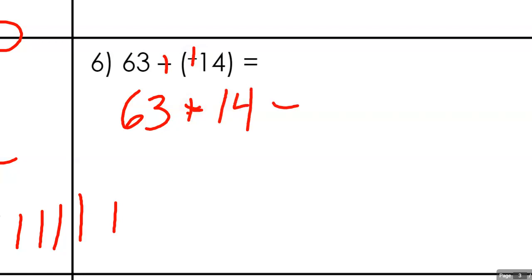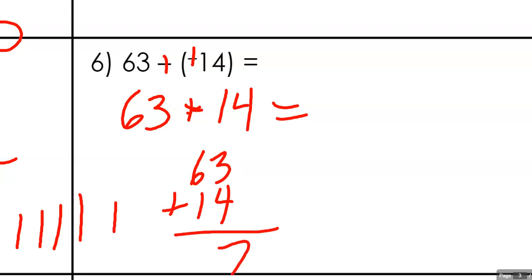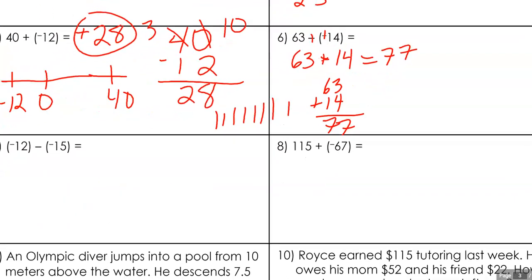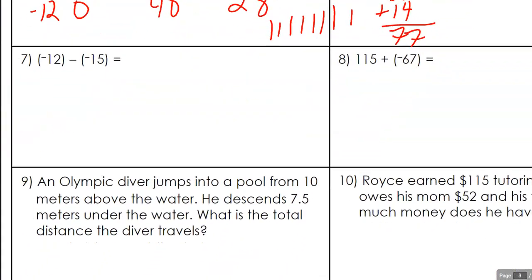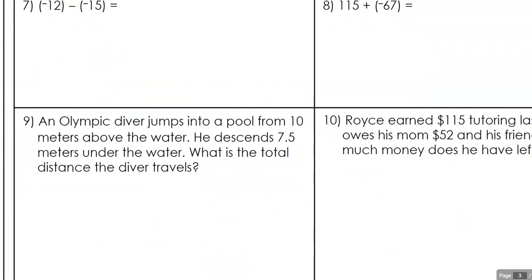So this is going to be 63 plus 14. This gives you 7 here, and this gives you 7 here. So your answer is going to be 77. I'm going to let you do the other ones on your own.